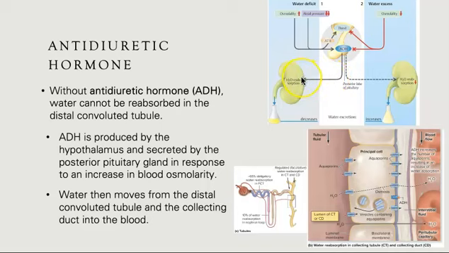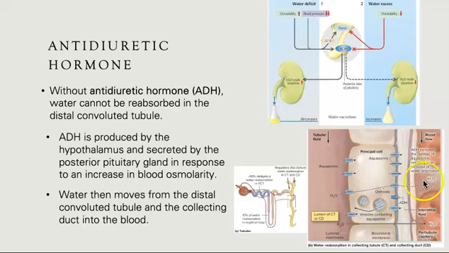ADH then travels over to our kidneys, inserts those aquaporins, and that is going to allow water from the tubule to move into the cell, which then travels through the aquaporins into our blood capillaries so we can reabsorb that water.